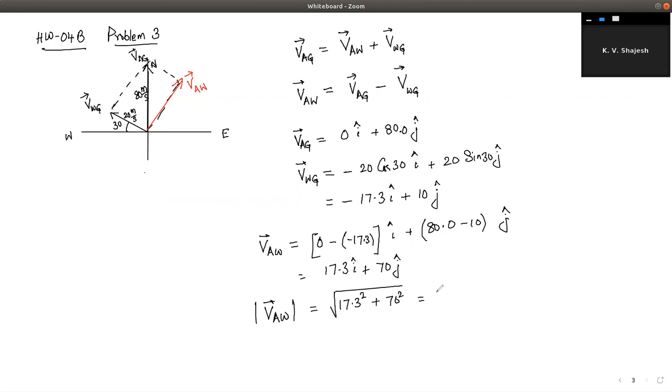And that is, oops, I think I messed up. 17.3 squared plus 70 squared. That's 72.1 meters per second.